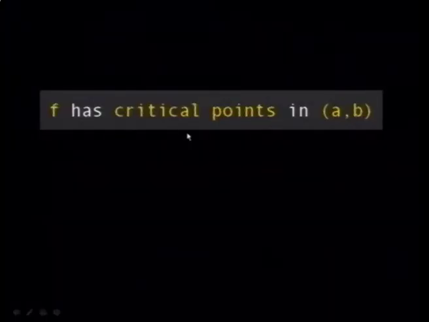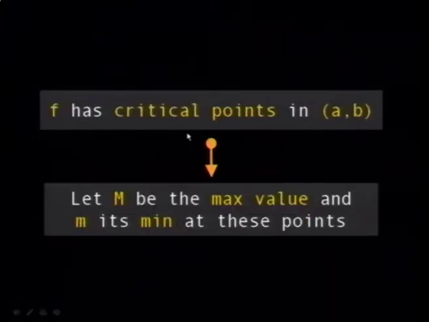Then you may decide whether the function has global extrema in this open interval or not. So if you have critical points, let M be the maximum value and m the minimum value at these points, and compare them with the limit from the right at the point A and from the left at the point B, because the function may do this. The function, for example, may do this here.